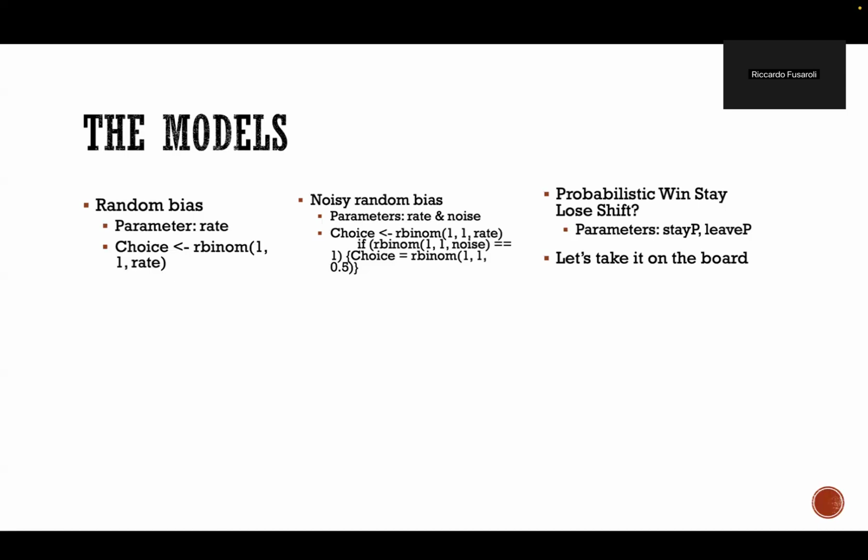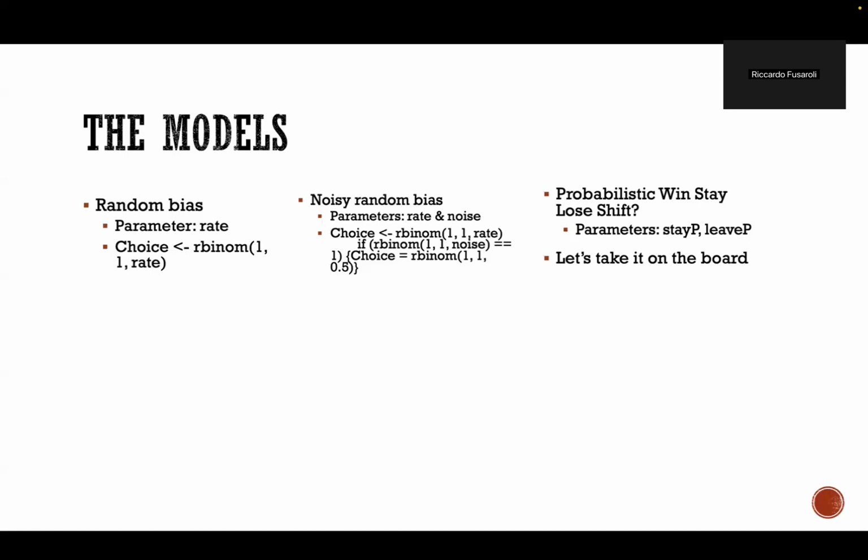And 0 if we lost. And here we would have -1 if we lost and we picked right. So it moves away from what we chose. 1 if we picked left and we lost, and 0 if we won.